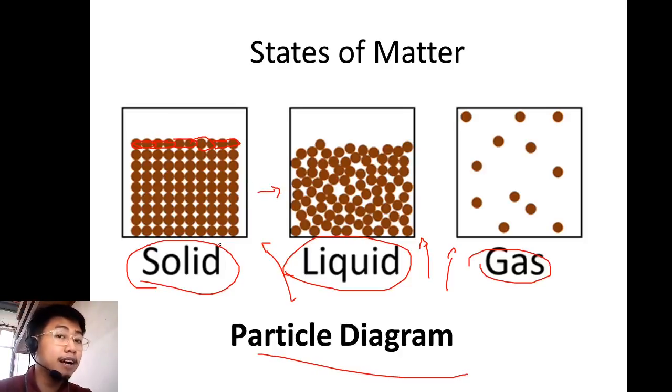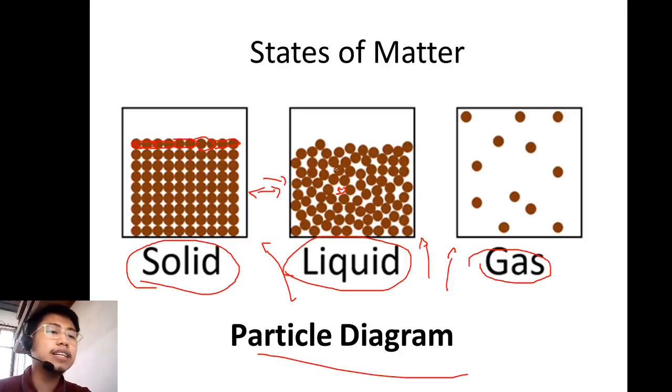Then we have liquid. Solid has fixed volume and fixed shape, while in liquid there are spaces between the particles. They are not really that far from one another, but they are not really close either. That's why you can see and touch water, because it's not like solid that is really compact, but it's not like gas that is really far away, which causes the gas to be invisible.